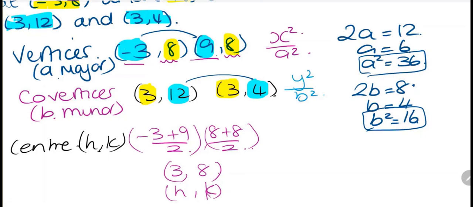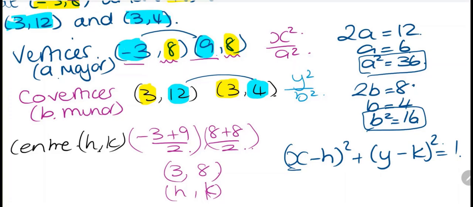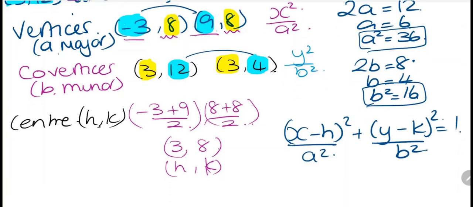Now we just need to put it into our equation. So we're looking at x minus h squared over a squared plus y minus k squared over b squared, where x is with a and y is with b. Now we just need to substitute in the values.